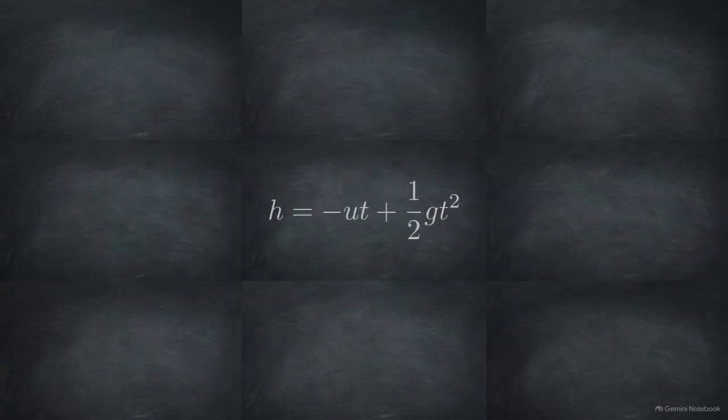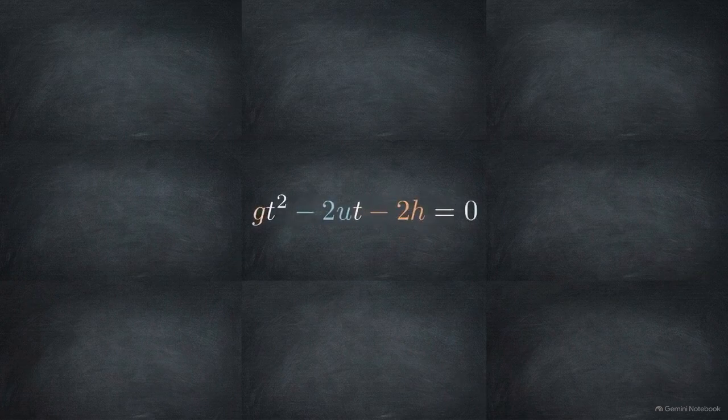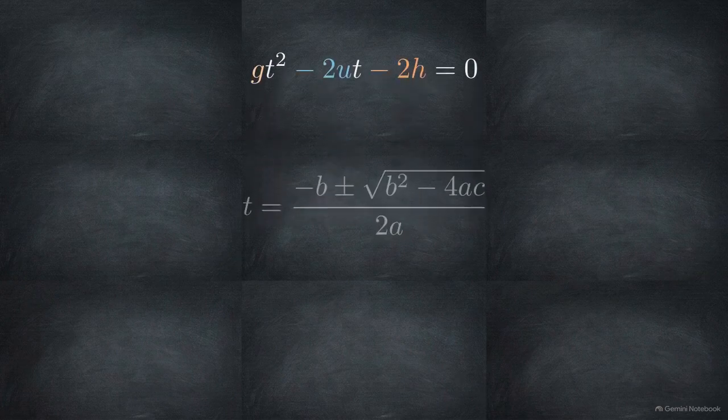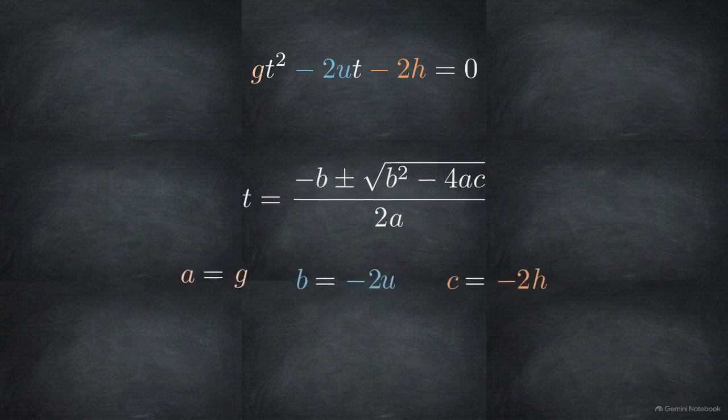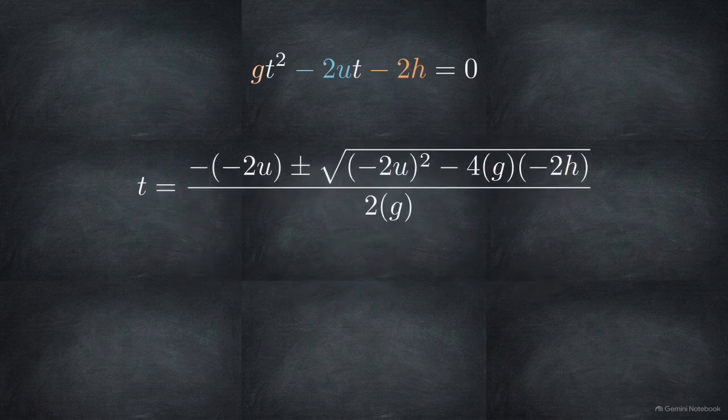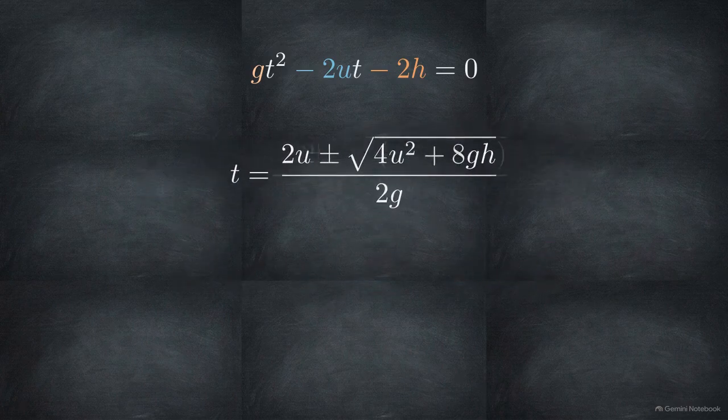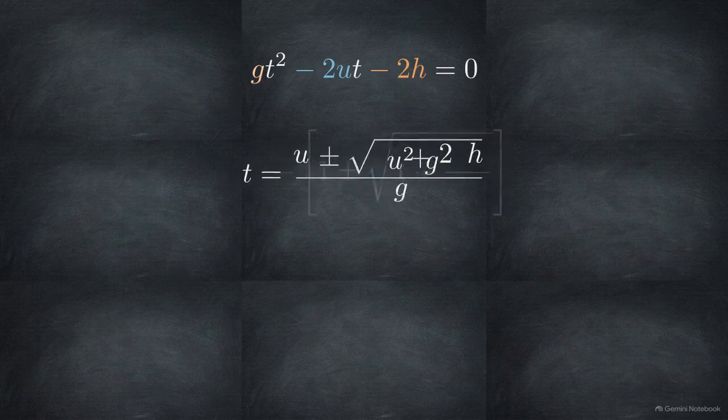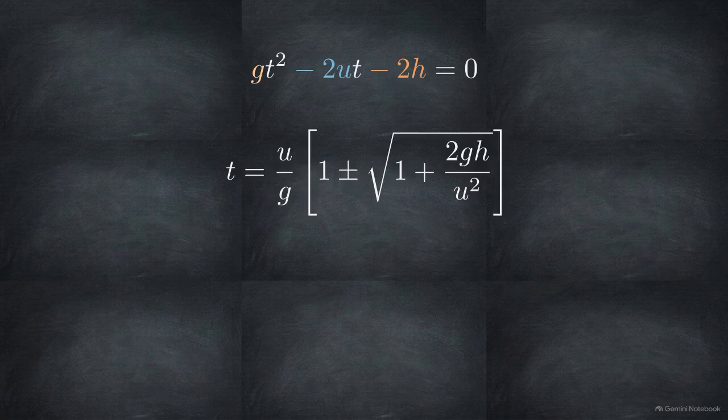To find the flight time, we first rearrange the displacement equation into standard quadratic form. We multiply by 2 to clear the fraction, arriving at gt squared minus 2ut minus 2h equals 0. Next, we substitute these specific variables into the quadratic formula. We then methodically step through the algebraic simplification of the radical.